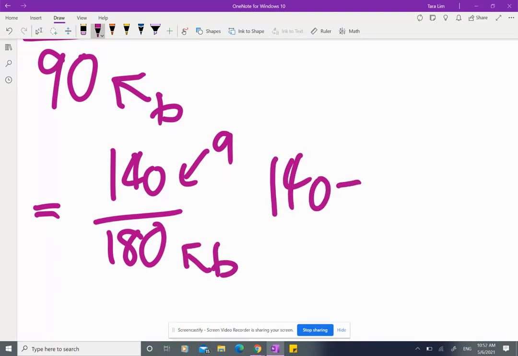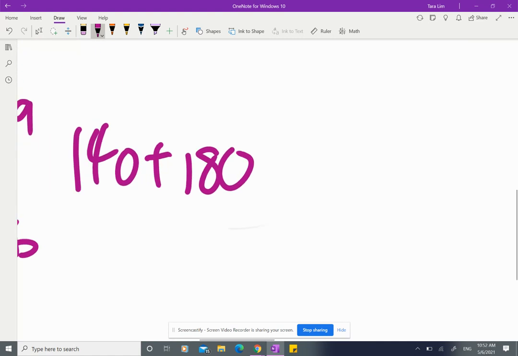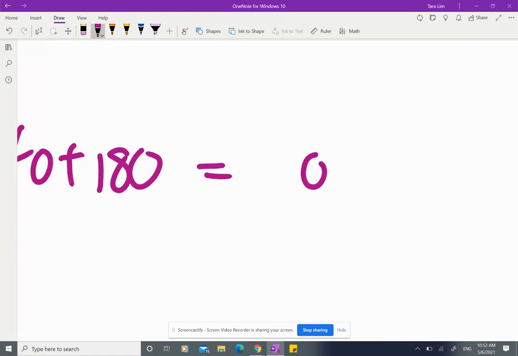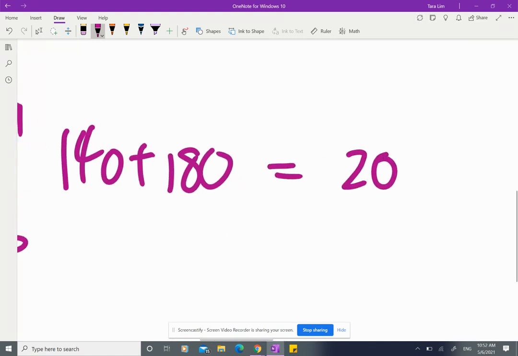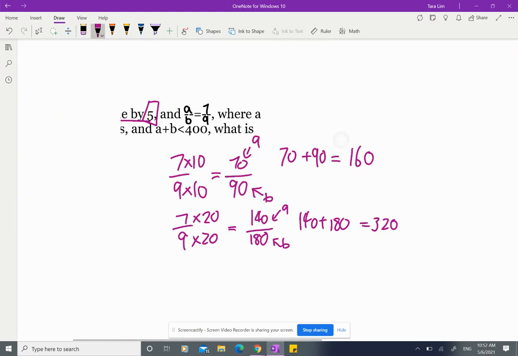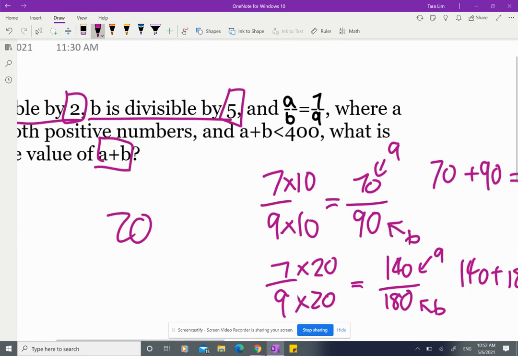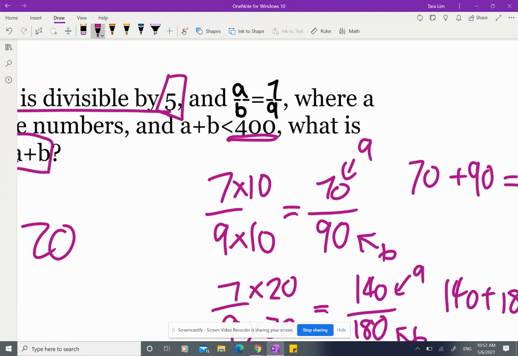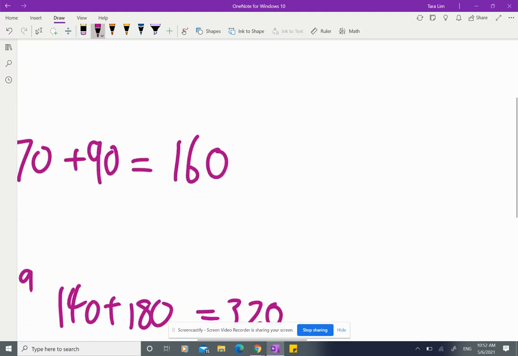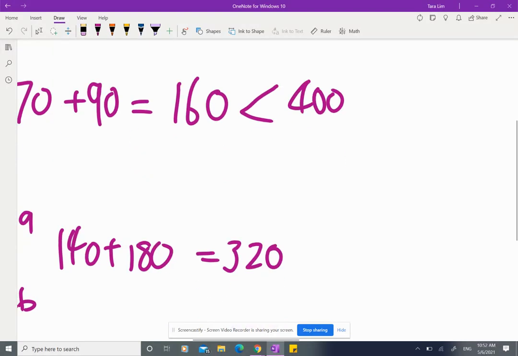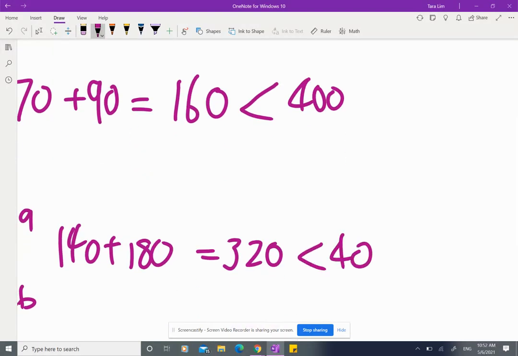So 140 plus 180 will give us 320. So again, it is a possible value because it says less than 400. So a plus b must be less than 400. And 160 is less than 400, as well as 320.